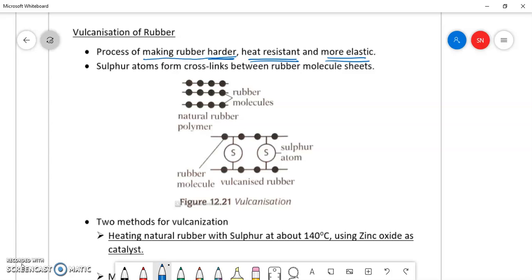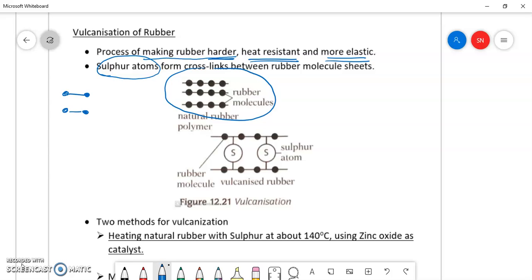Now it's very simple. This process involves adding sulfur atoms into the rubber molecule structure. Naturally, as you can see in this diagram, the rubber molecule structure is just planes of molecules which can slide. That means one plane and another plane, with no connection between these planes, therefore the planes can easily slide. That's why rubber can stretch, unlike things like metals.